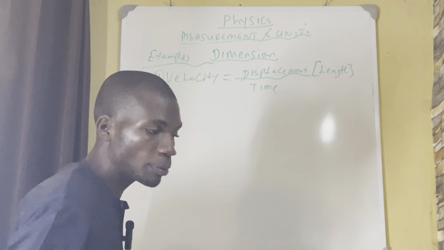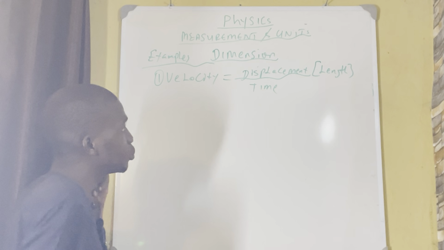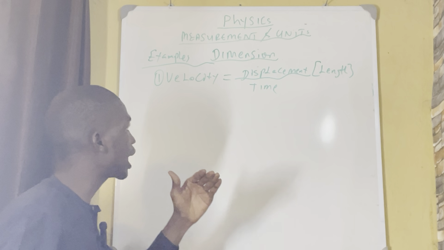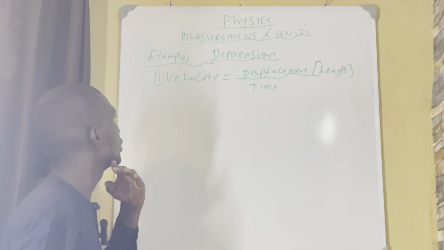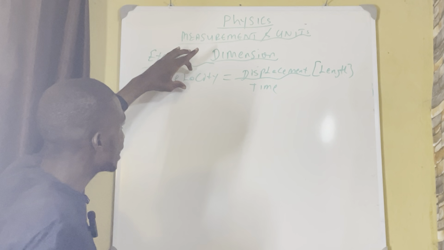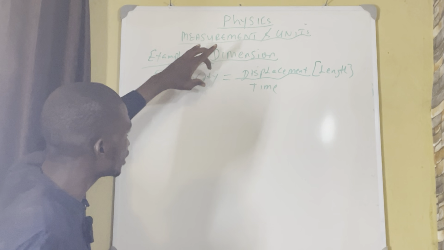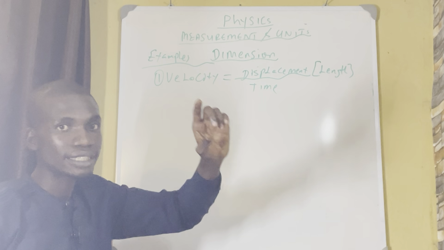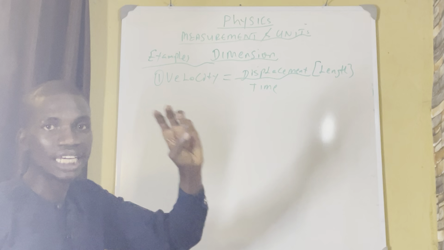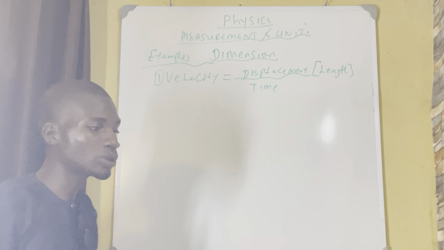Remember that we have three basic fundamental quantities, which are length, time, and mass. So in dimension, you are trying to convert the formula of this thing to length, mass, and time. You convert everything to length, mass, and time. That's what they mean.